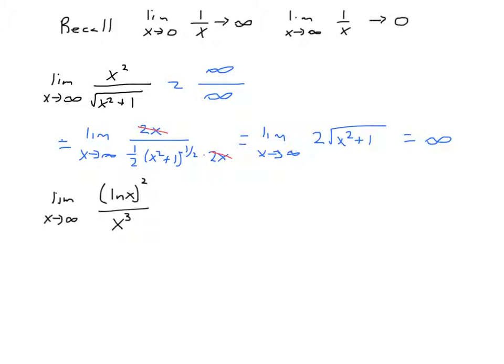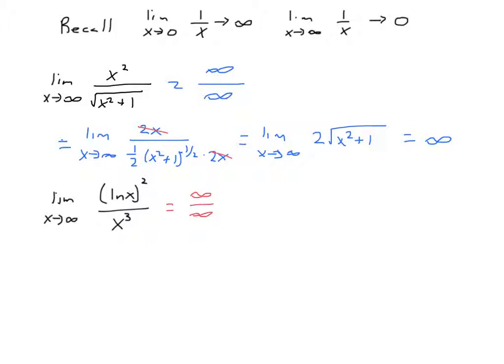Let's look at another one here. This time we're going to take the limit as x approaches infinity of the natural log of x, that quantity squared, the natural log squared, over x cubed. Well, again, by direct substitution, natural log of infinity does go to infinity, so it's going to be infinity over infinity. So it is something we can use L'Hopital's rule for.